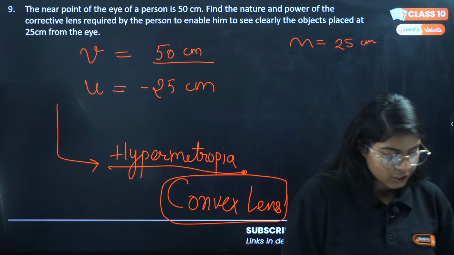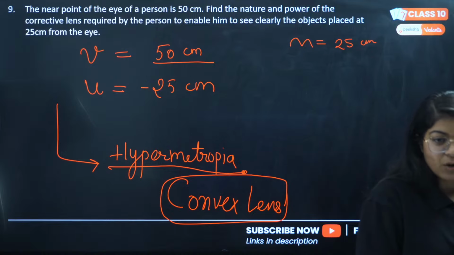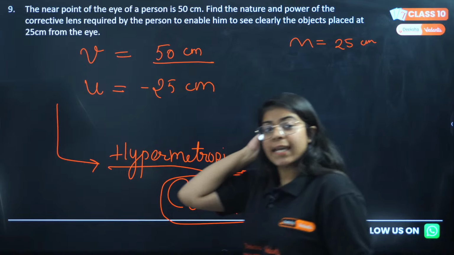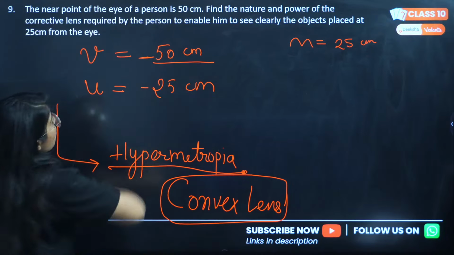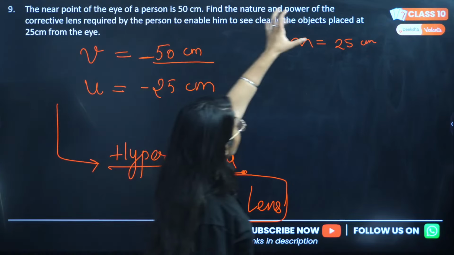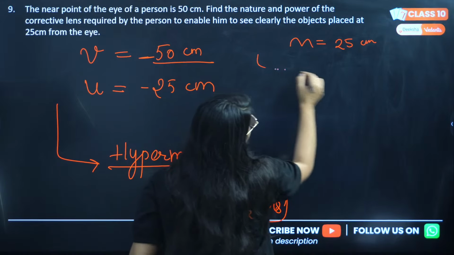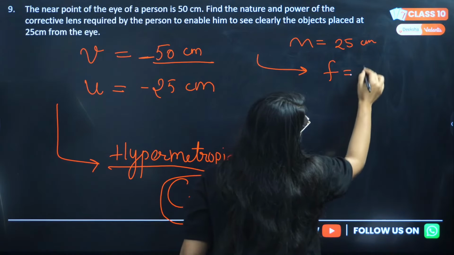Focus on the question, guys. Did you understand till here? Okay. So now in case of convex lens, V is also negative. So they want us to find the power. To find power, we first have to find focal length, correct?